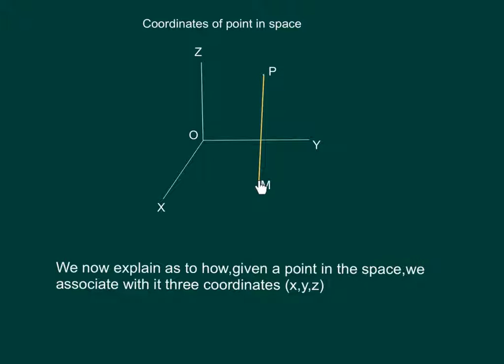Now from M we draw the perpendicular on the x-axis, and then OL is the x-coordinate of point P, ML is the y-coordinate of point P, and MP will be the z-coordinate of point P. Hence P has coordinates x, y and z.